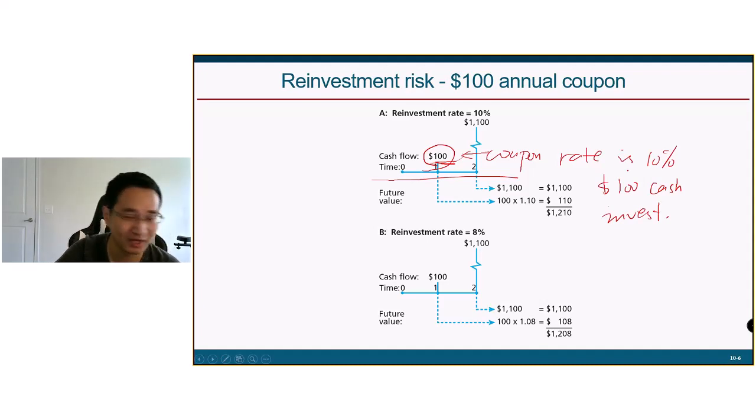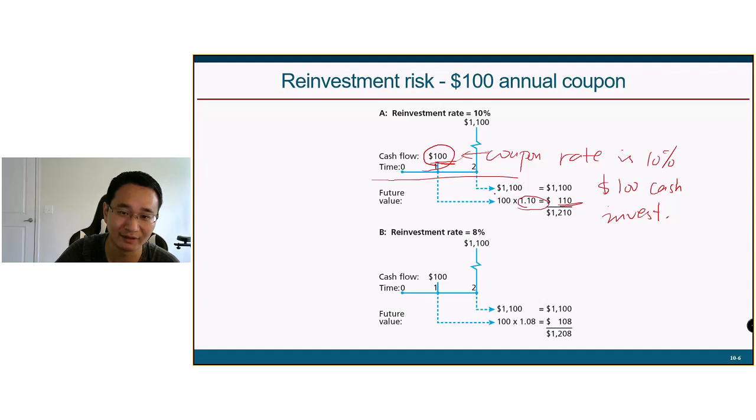However, the interest rate will change differently. You don't know what the current interest rate environment is. So right here, if you can get 10%, basically use $100 to buy another bond, a 1-year bond, and they give you 10%, you are going to make 110 at the end of year 2.